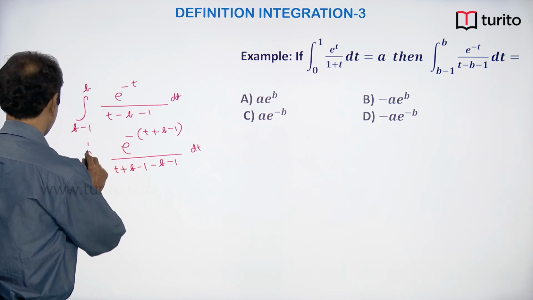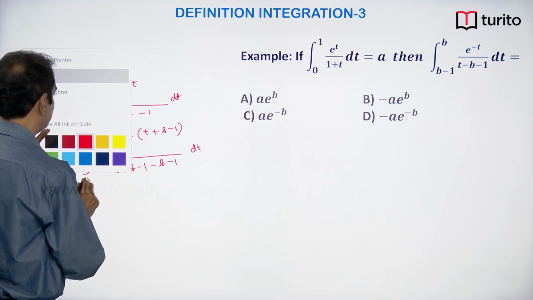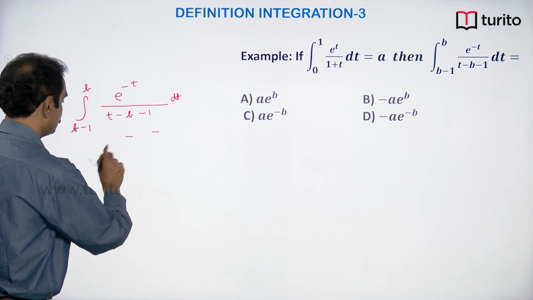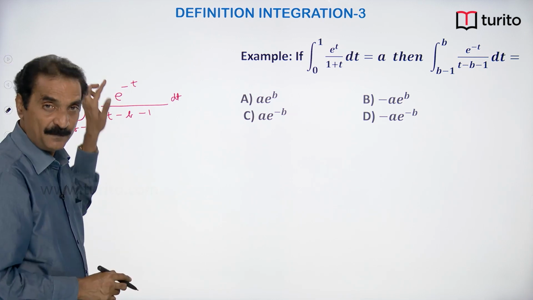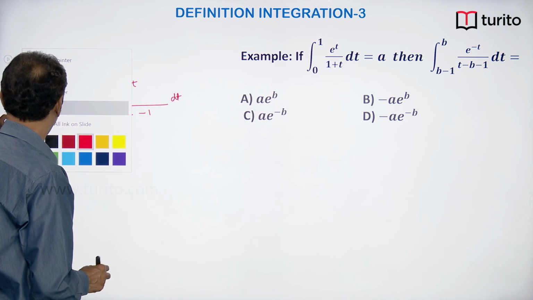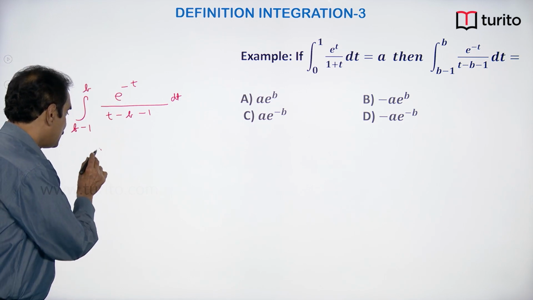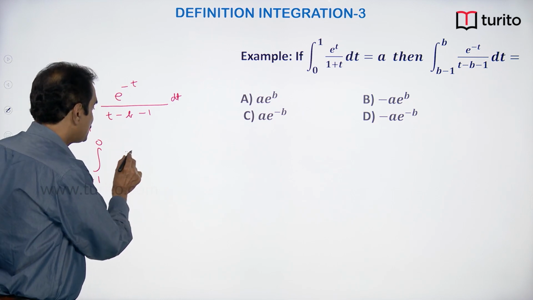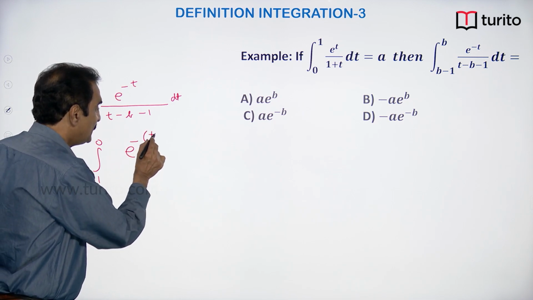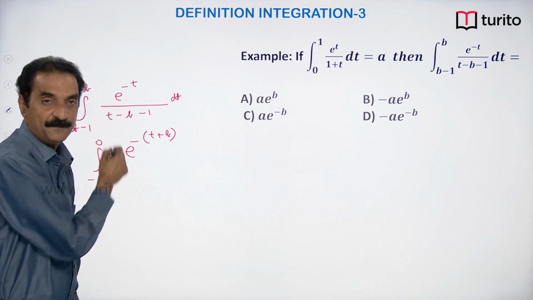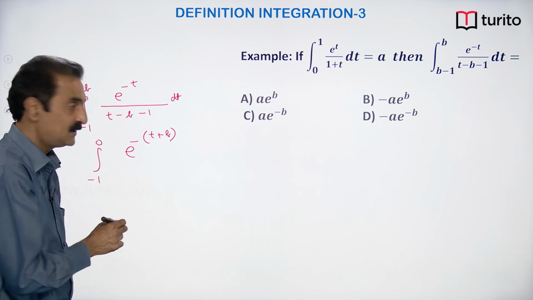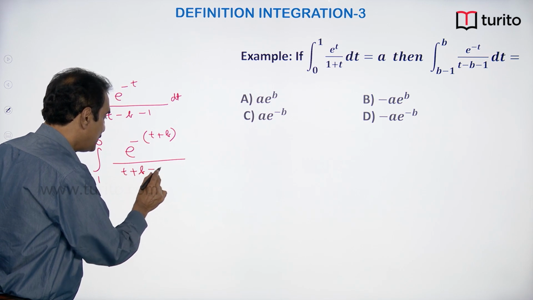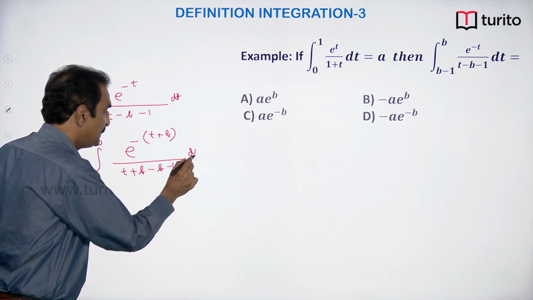Instead of that I think let us subtract only b from the limits. If you subtract b, limits will be minus 1 to 0. This becomes e power minus of t plus b. If you subtract b from the limits, you should add b to the variable, so t plus b minus b minus 1 dt.